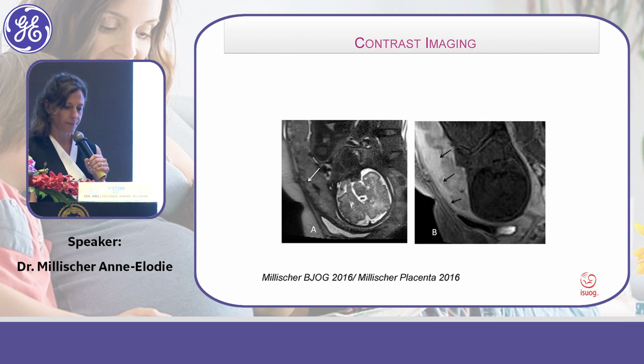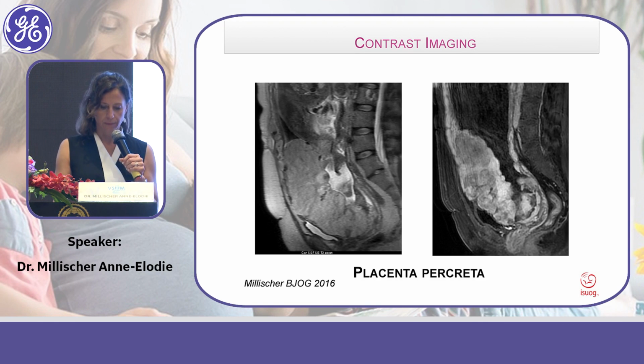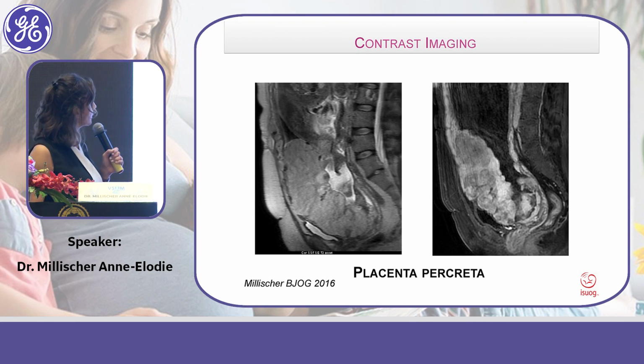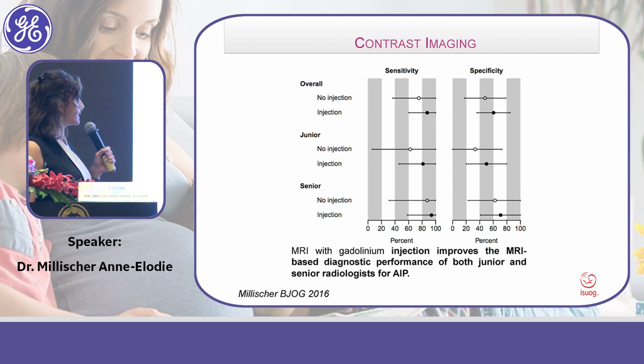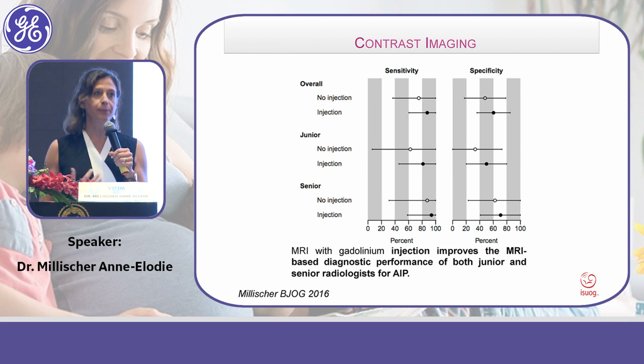Và người ta xem xét là sẽ tiêm thuốc cản quang vào để đánh giá tốt hơn khi mà so sánh hai cái hình, một bên có tiêm, một bên không tiêm. Thì mình thấy tiêm thuốc cản quang nó sẽ làm tăng cái mức độ tương phản, rồi mình sẽ chẩn đoán dễ dàng hơn.